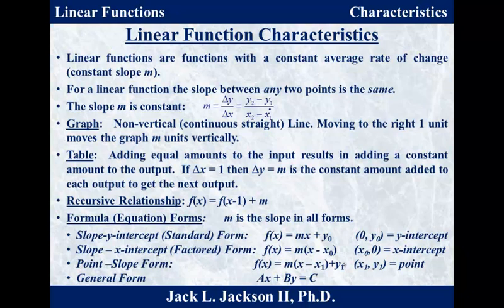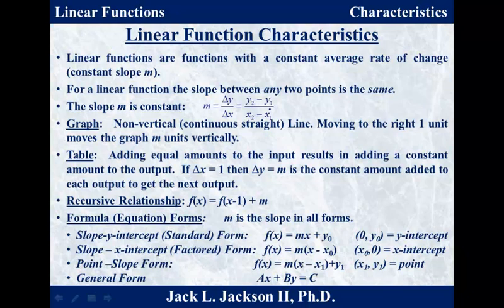We also have a point slope form for every single point. So if we take a point x1, y1, the point slope form is f of x equals m times parentheses x minus x1, close parentheses, plus y1. Notice that the point x1, y1 is on this graph. It satisfies this equation.